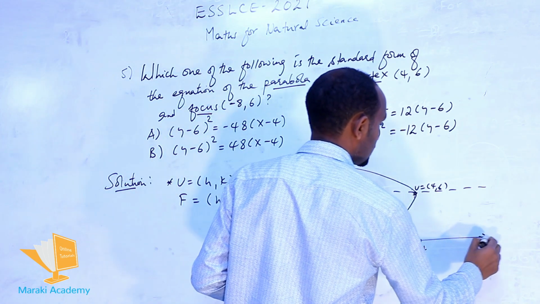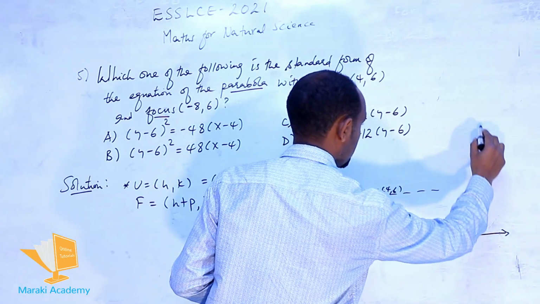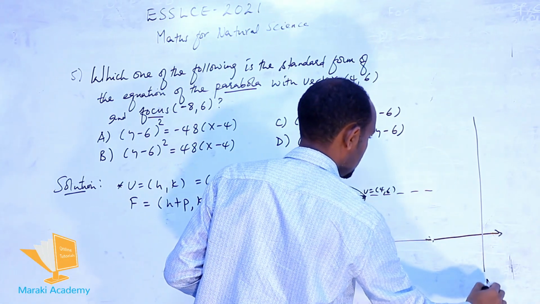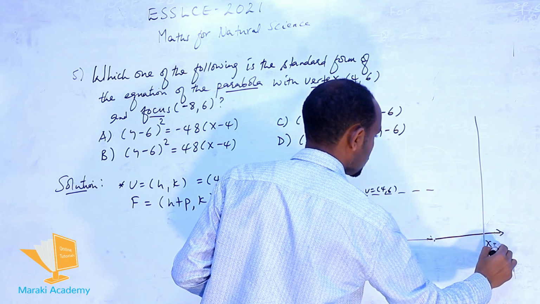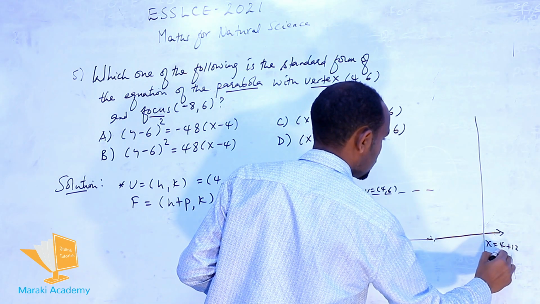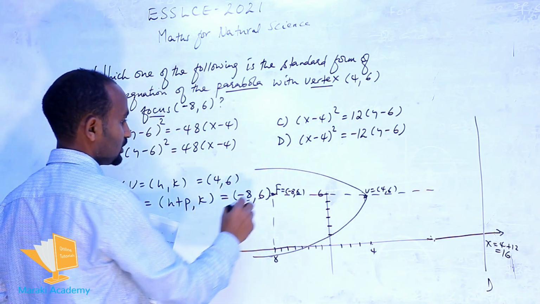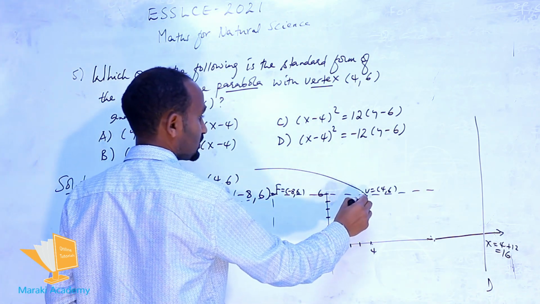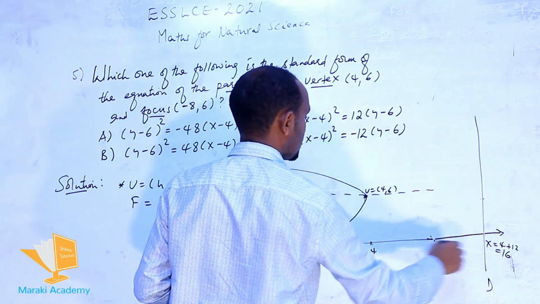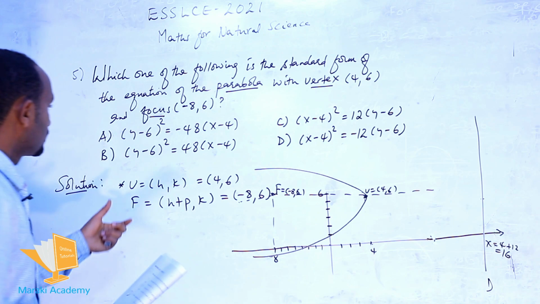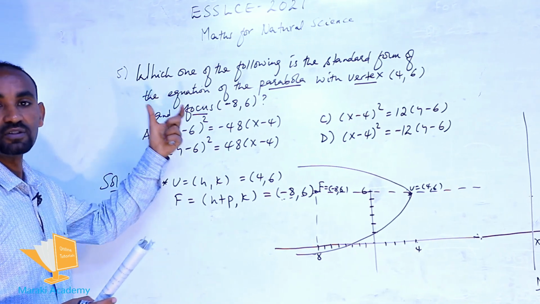So you draw the directrix, 12 units from here, directrix D. 4 plus 12, x equal to 4 plus 12, which is 16, okay. So the distance between the focus and the vertex and the distance from the vertex to the directrix should be equal. So now we are asked to determine the equation of this parabola.